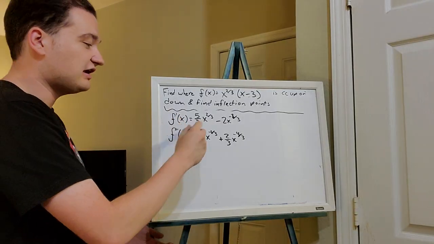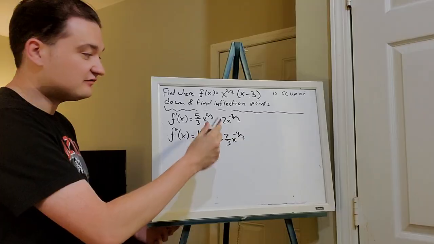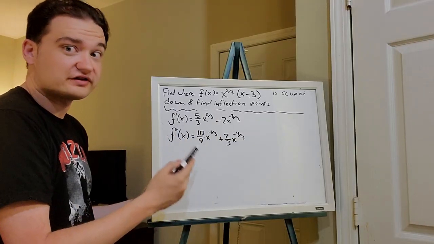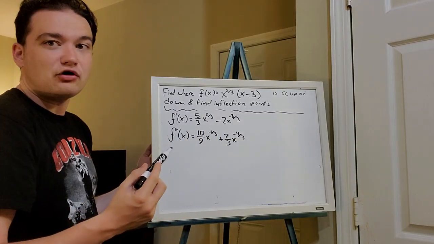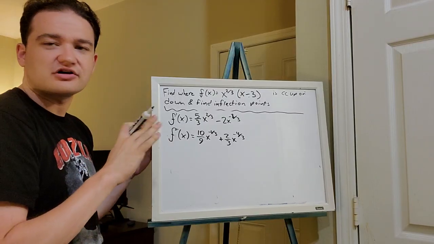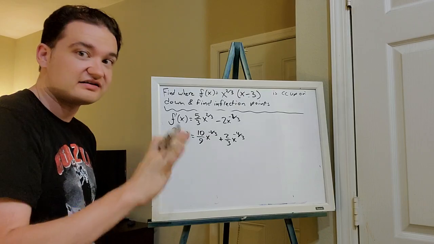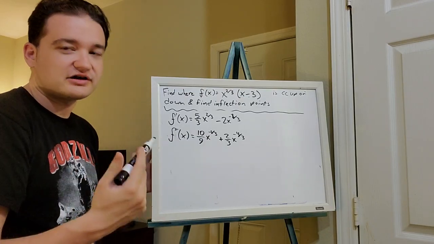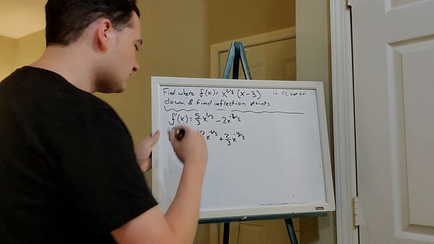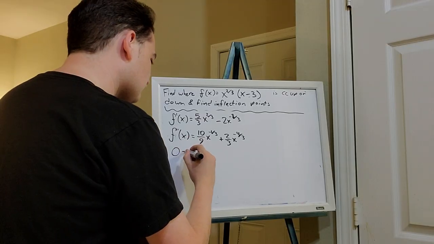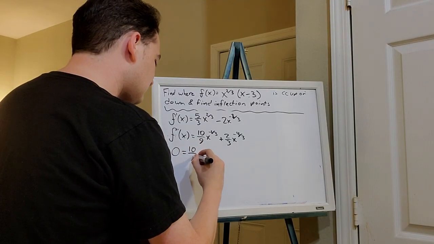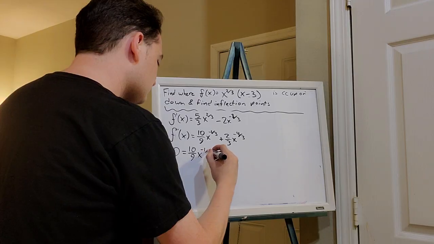Well, I took the liberty of rederiving the first derivative and getting, through the power rule, the second derivative. Now we're going to set it equal to 0 and solve for x. We're going to find where the second derivative equals 0 or doesn't exist at all, and use that to find concavity.